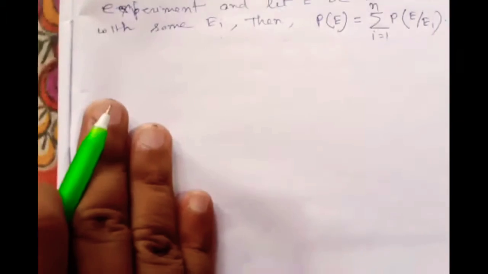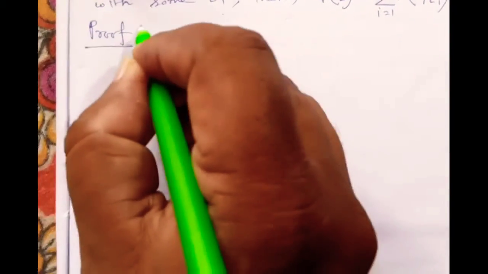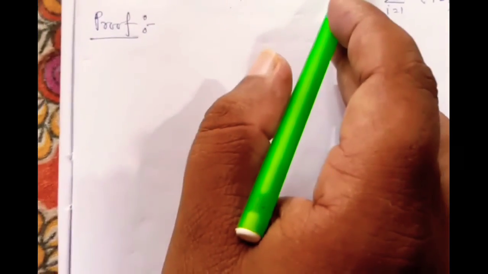Now let's come to the proof of this. That is, if E1, E2, ..., En are n mutually exclusive events associated with some random experiment, and let E be another event that occurs with some Ei, then P of E is equal to P of E by Ei into P of Ei.